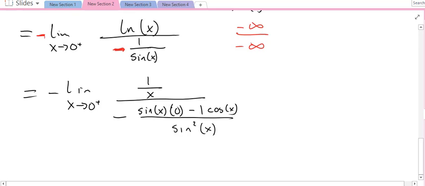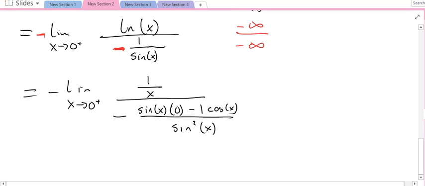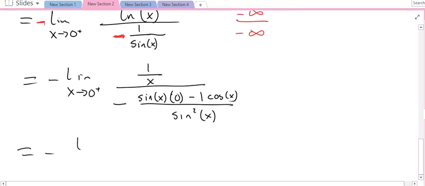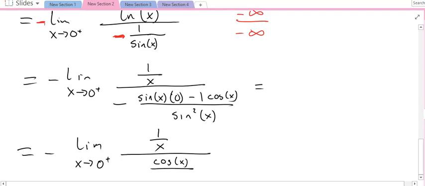Okay. And so if we clean this up a little bit, we'll get negative limit as x goes to 0 from the right. And what we're going to have, if we wanted, is the 1 over x over minus, and that minus will turn that into a plus there. So we'll actually just have cosine of x over sine squared of x as we simplify that.